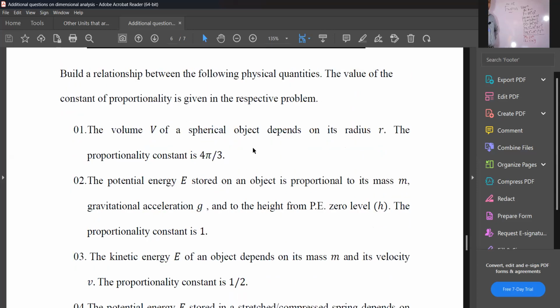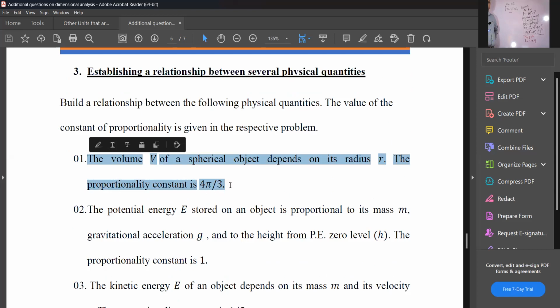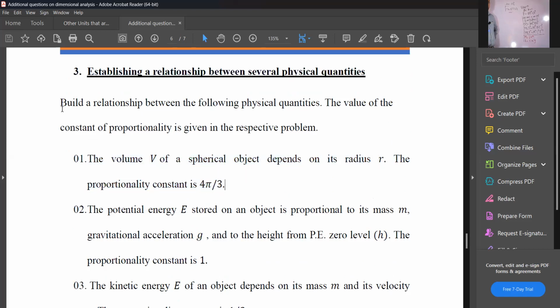This is some part of our theory note. So you have to write the question. First one is build a relationship between the following physical quantities. The value of the constant of proportionality is given in the respective problem. After that, you can write this one.